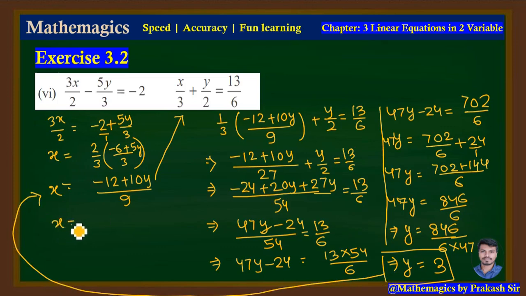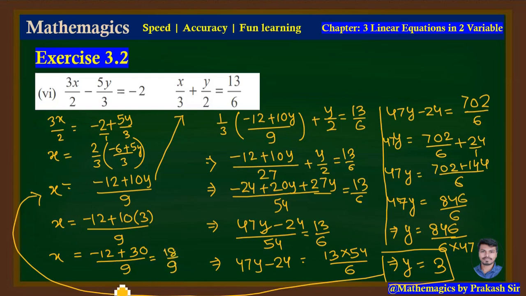So x is equal to (minus 12 plus 10 into value of the y become 3) whole divided by 9. So x is equal to minus 12 plus 30 divided by 9, can be written as 30 minus 12 become 18 divided by 9. So finally the value of the x is equal to 2. It means x is equal to 2.